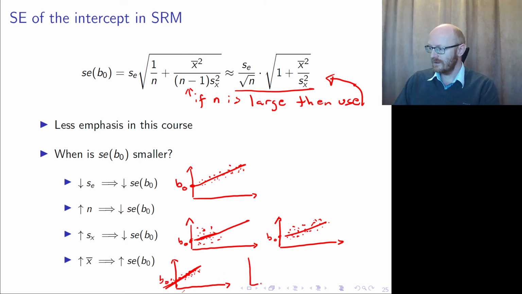Whereas if your data points are far away from the y-axis, then a tiny change in the slope might have a large effect on the intercept.